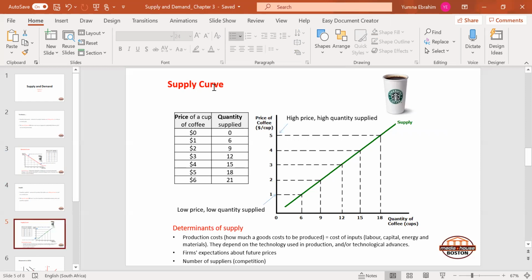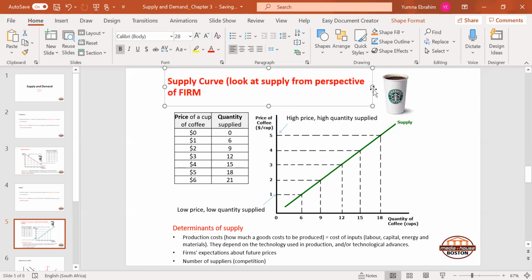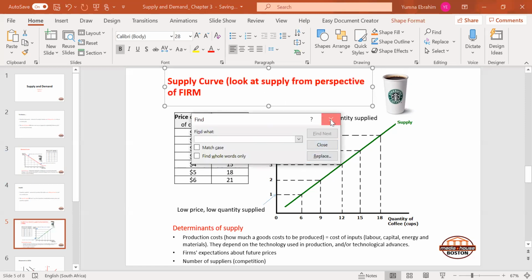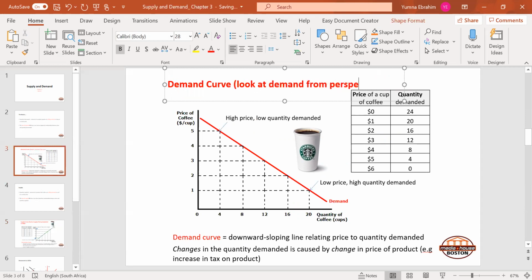Remember, we always look at demand from the perspective of the consumer, and we look at supply from the perspective of the firm.